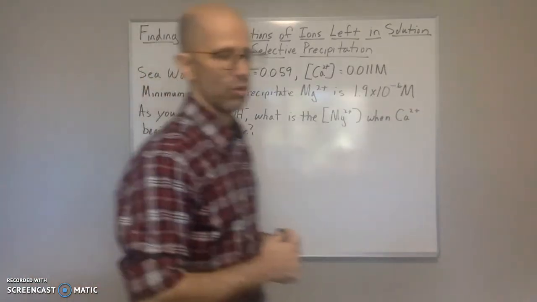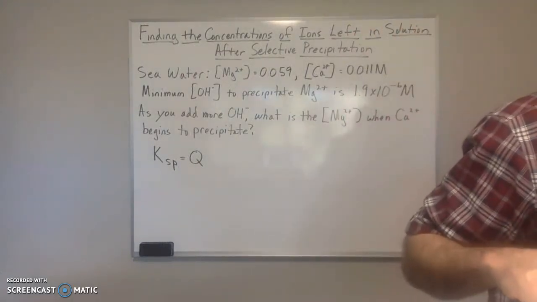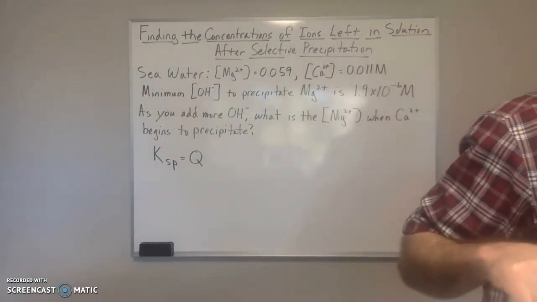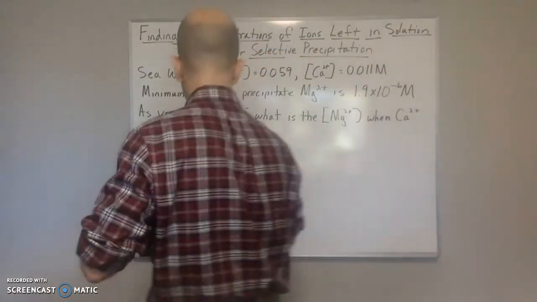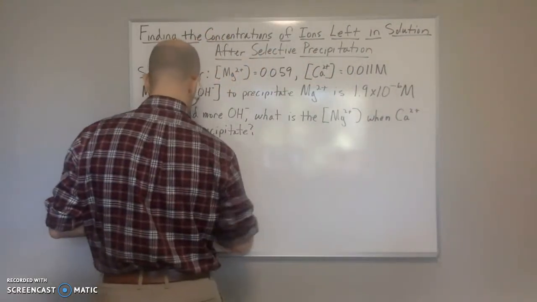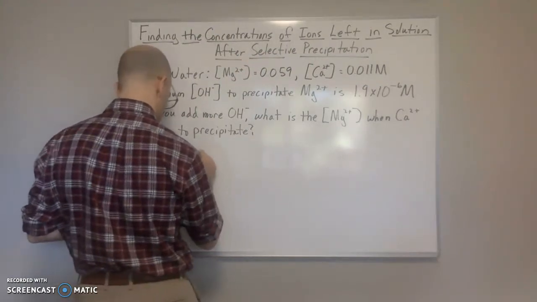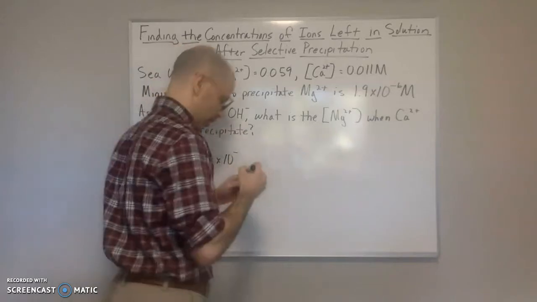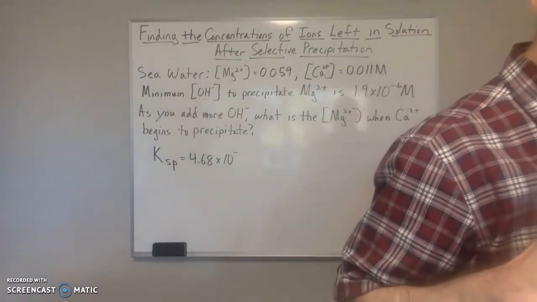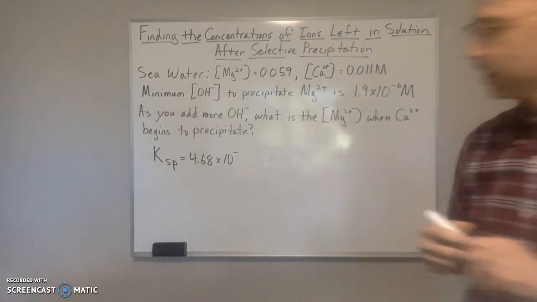So what is the KSP value of calcium hydroxide? That is 4.68 times 10 to the negative 6.